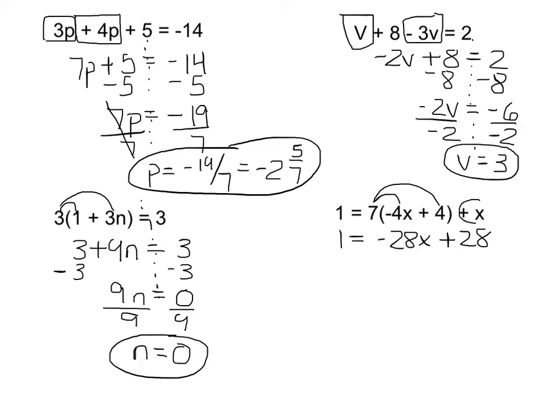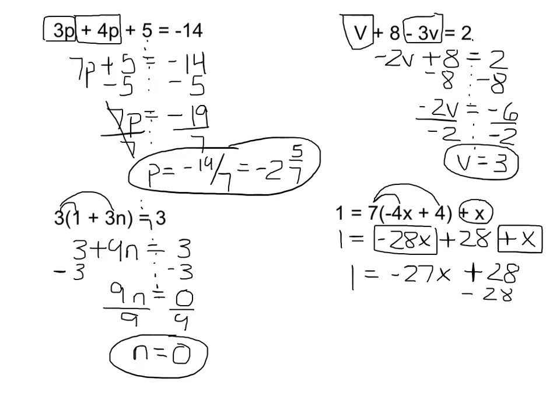This x over here was not affected by anything. Not affected by this 7 at all, because the 7 only gets distributed inside the parentheses. Now I'm going to combine my like terms, which are the negative 28x and the positive x. It's going to give me negative 27x plus 28.